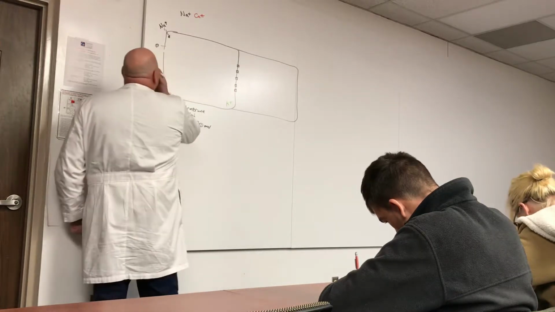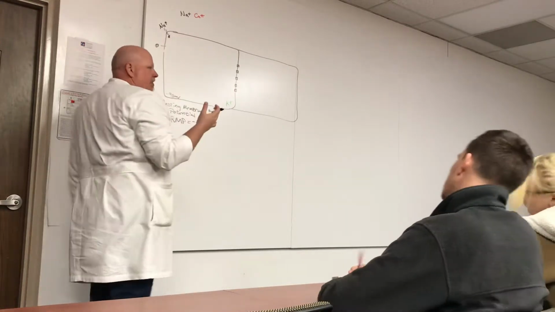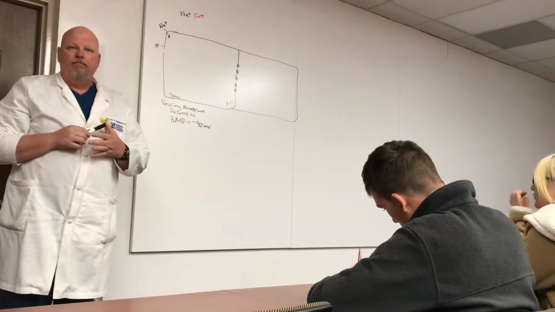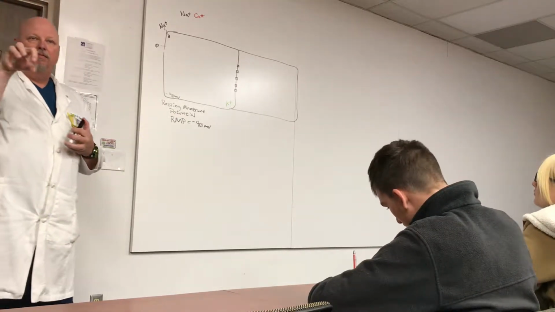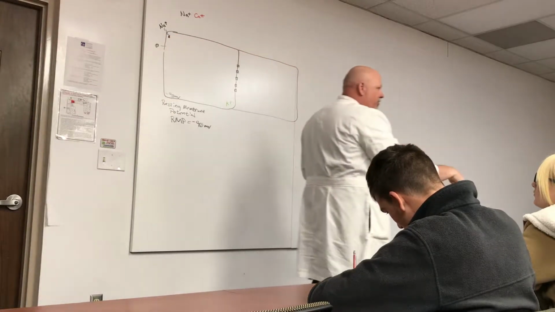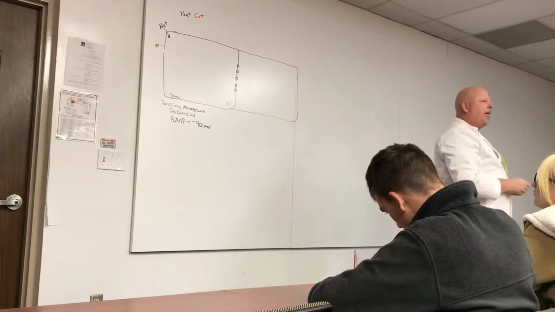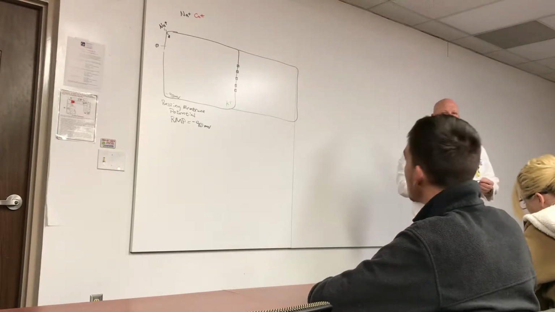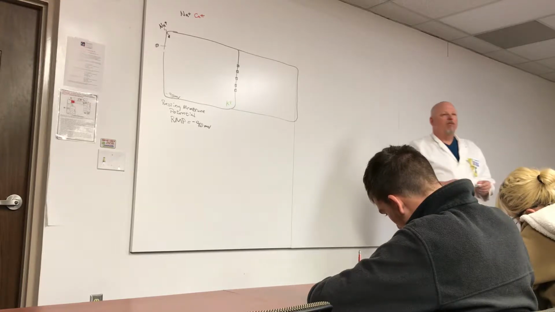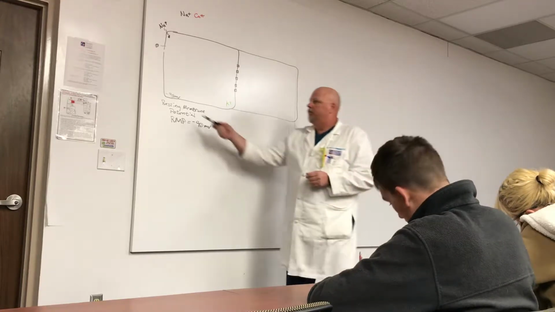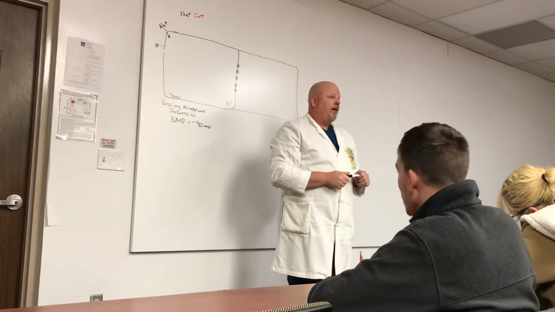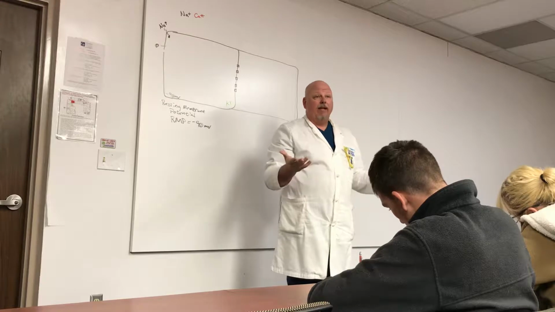Now as sodium starts to leak in, sodium is a what? Na plus. It's a cation, right? So as I start to bring a positive cation into the cell, what happens to the resting membrane potential? It starts to become more positive, or less negative.